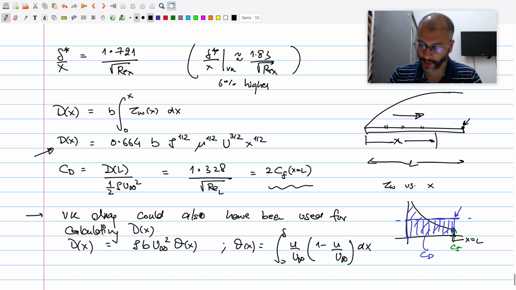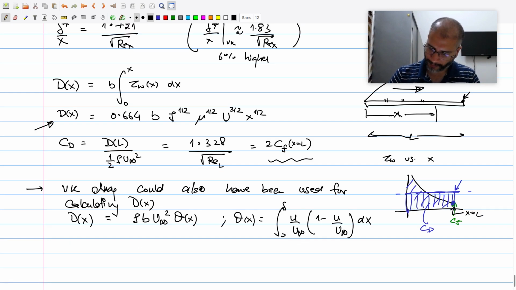Since u by u infinity is f prime from Blasius's solution, you can substitute that here and calculate theta of x, and hence D_x can be calculated. If you calculate theta of x, it comes out to be 0.664 upon square root Re_x from the Blasius solution.